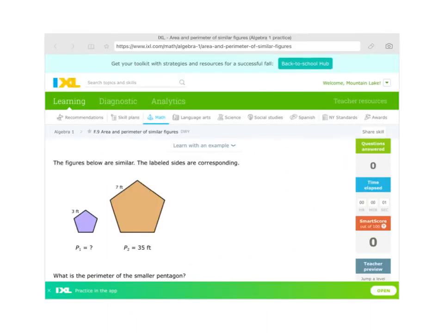So let's use this logic to solve a few questions. This one's from F9. Now we know that this is 3, this is 7, right? And we know the perimeter is 35. We know these are pentagons. So all of these will be 7 then, right? All of these will be 3.